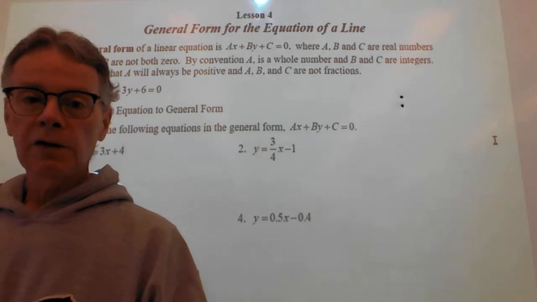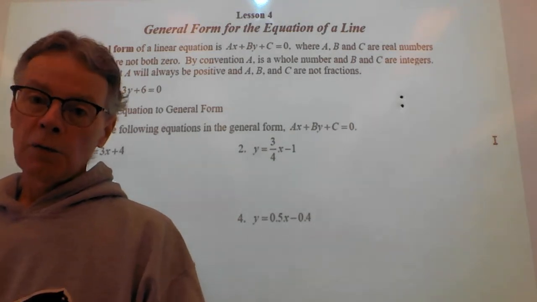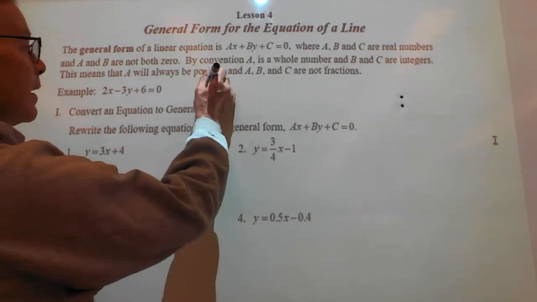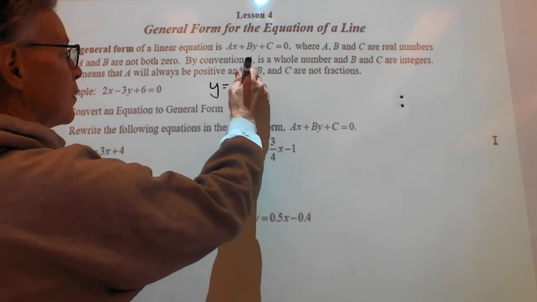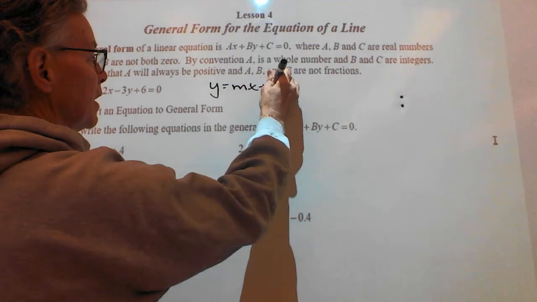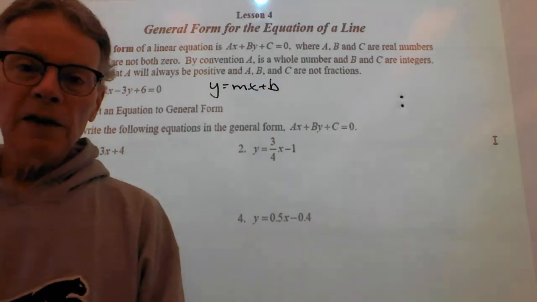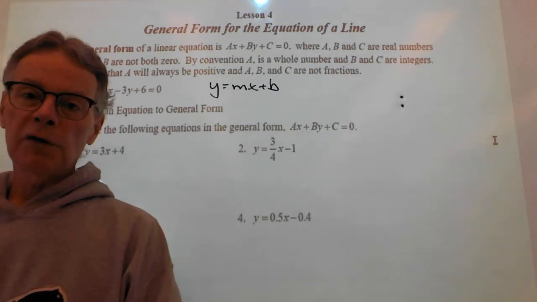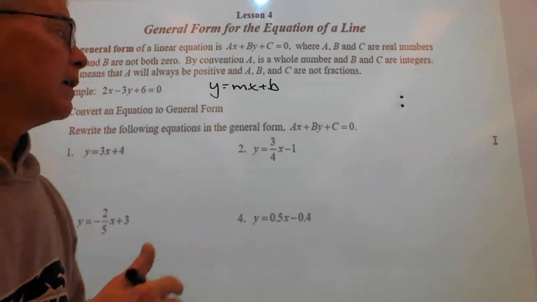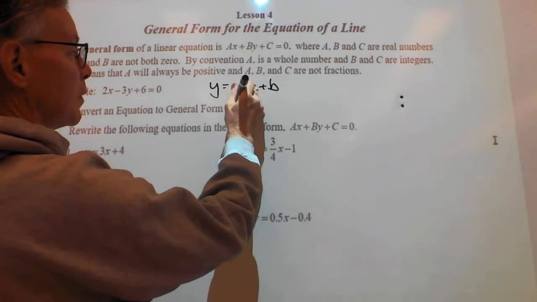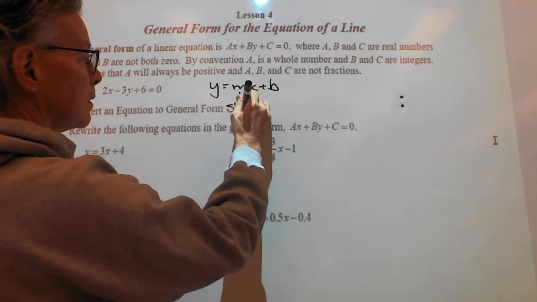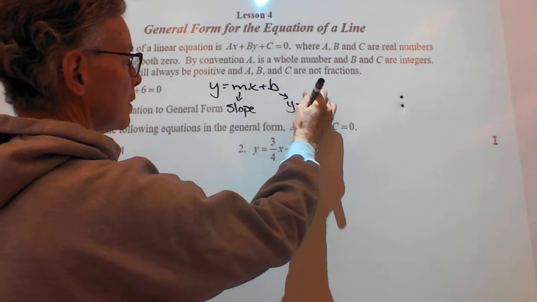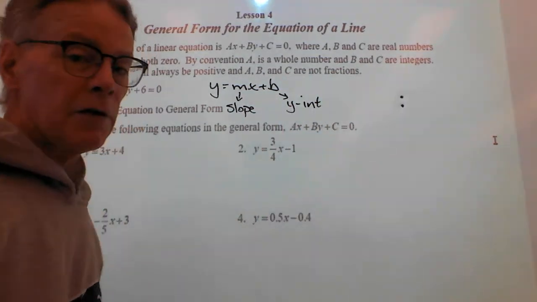So the last two lessons we looked at the slope-intercept form, which remember is y equals mx plus b. And remember we said that's a really good way to write the equation of a line because it gives you information just by looking. It tells you what the slope is, and it also gives you the y-intercept.